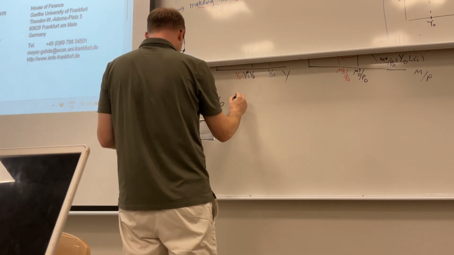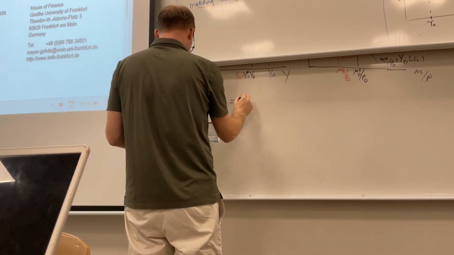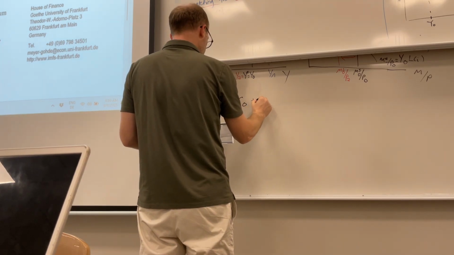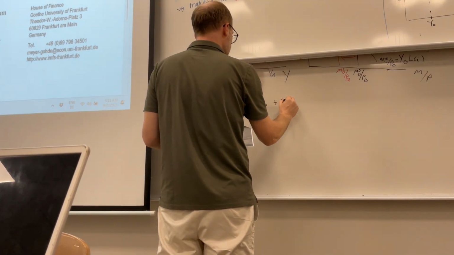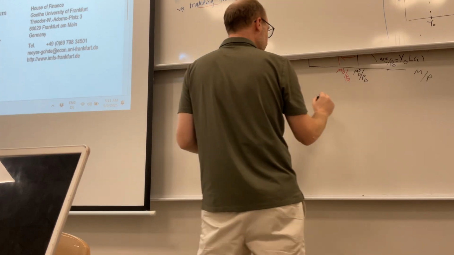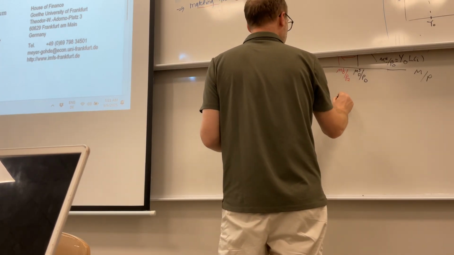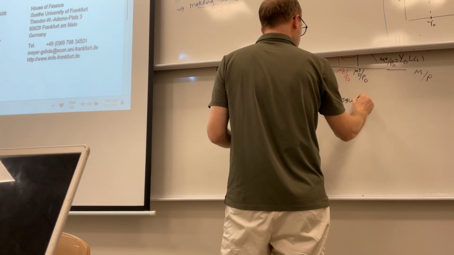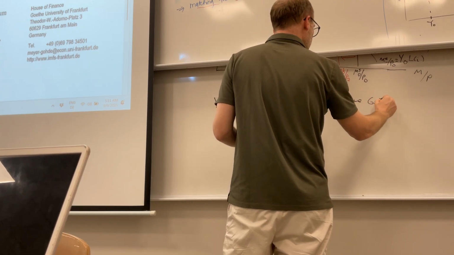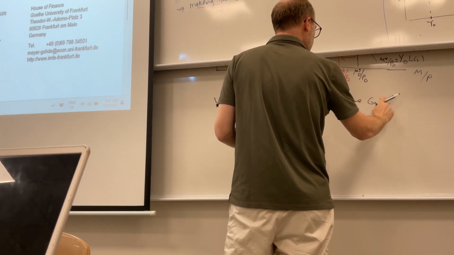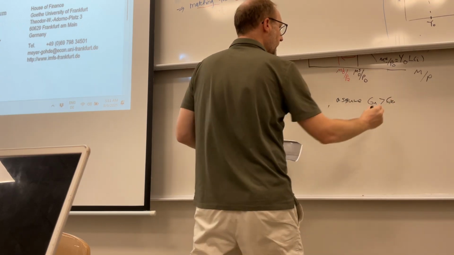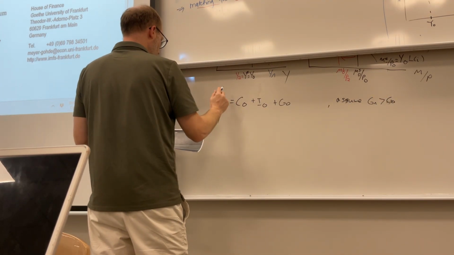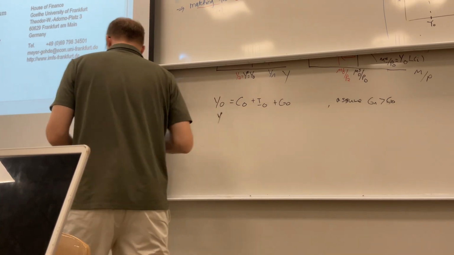Y0, C0, I0, G0 is what we started with. Then assume G1 is greater than G0, so it's expansionary fiscal policy. Right? We showed the colors.